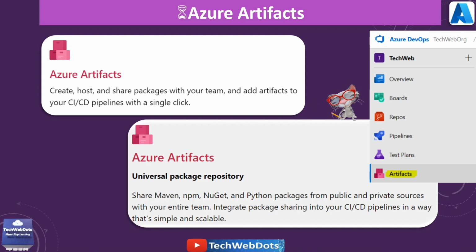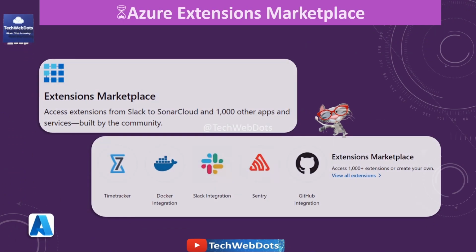So it is a universal package repository, you can say, and you can share Maven, npm, NuGet, and Python packages from public and private sources with your entire team, and integrate package sharing into your CI/CD pipeline in a way that is simple and scalable, right? So this is another very important service from the Azure Artifacts point of view.